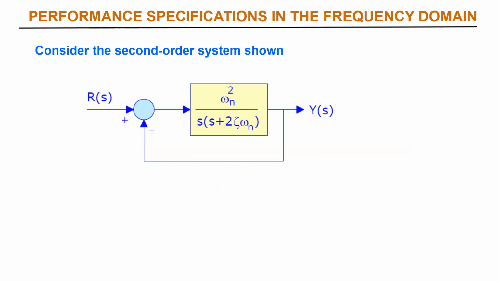What we want to go to next is certain performance specifications in the frequency domain. We always would like to go back to the time domain. Why? Because in the time domain you understand the shape of the response. In the frequency domain, it's not very clear. And we'd like to relate them. Is there a relationship from the frequency domain to the time domain?